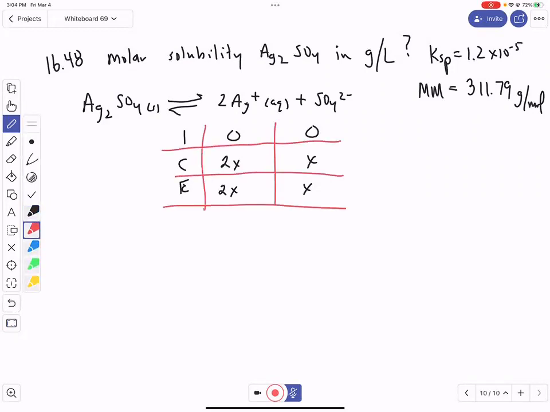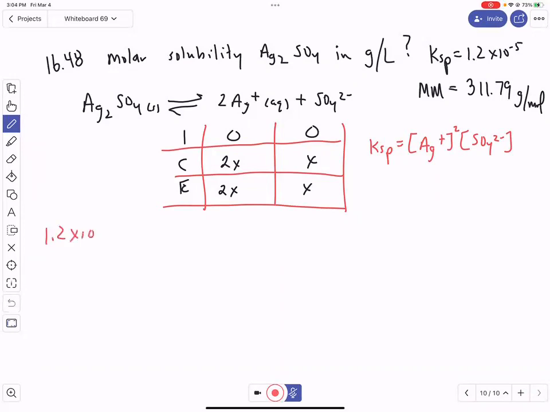Plug that into our Ksp, and Ksp equals the concentration of silver squared times the concentration of sulfate. So we're down here with 1.2 times 10 to the minus 5. That's my Ksp. That equals 2x squared times x.